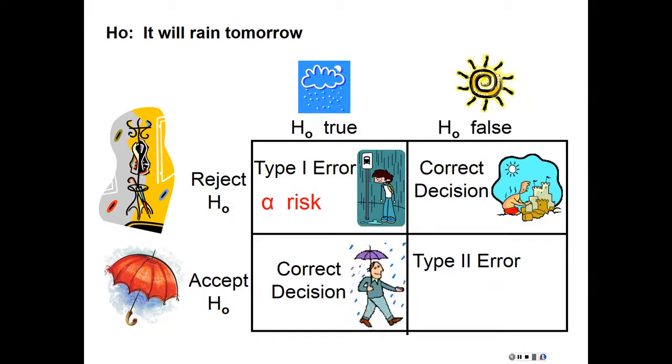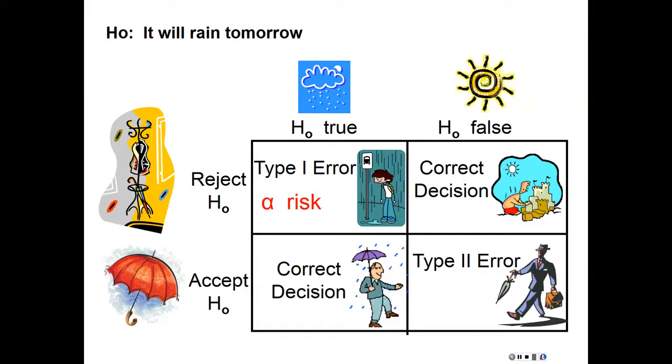Type 1 is when you reject the truth. Type 2 is when you fail to reject a lie or an incorrect conclusion. If you make a type 2 error, well, you get to carry your umbrella all day, but at least you didn't get wet. Okay? So there are consequences for making either of these kinds of errors.